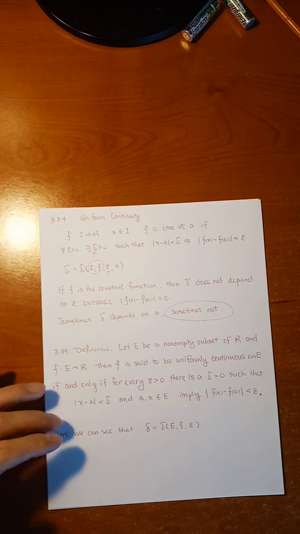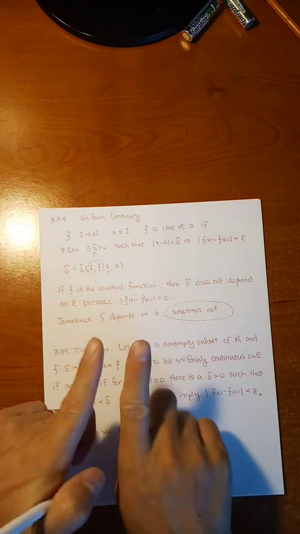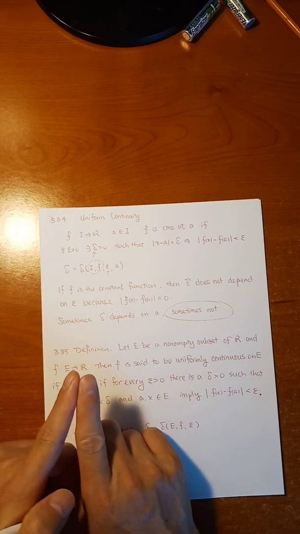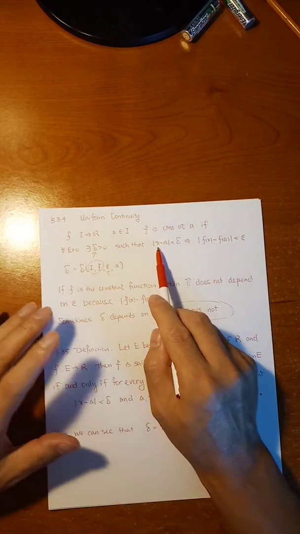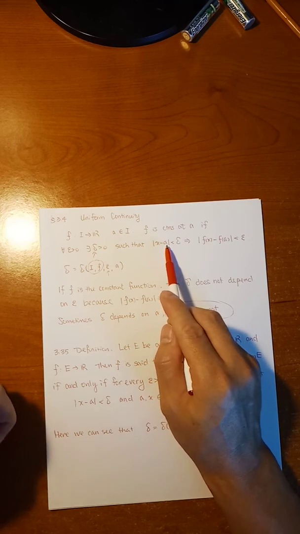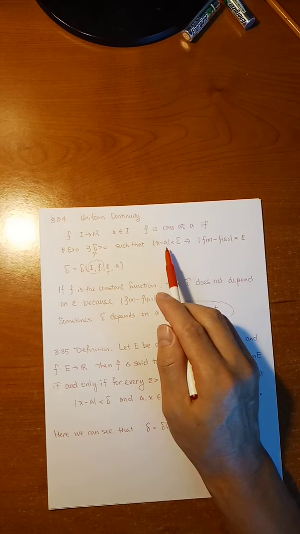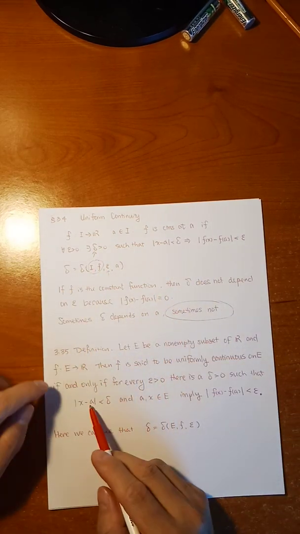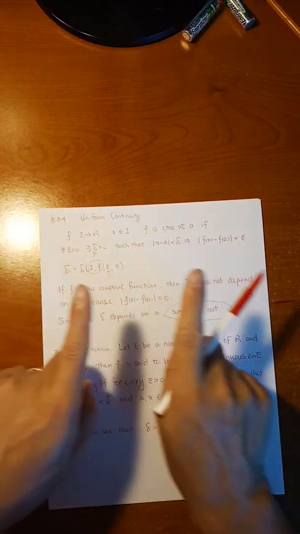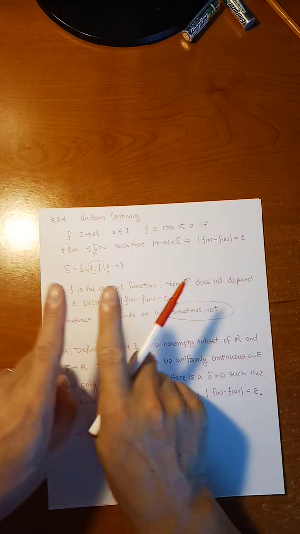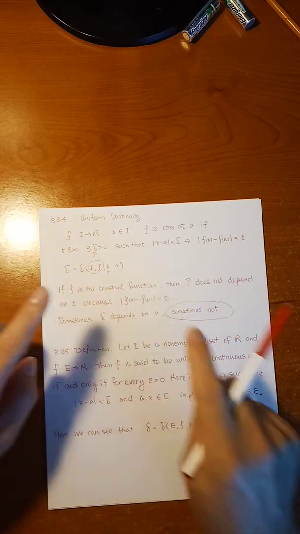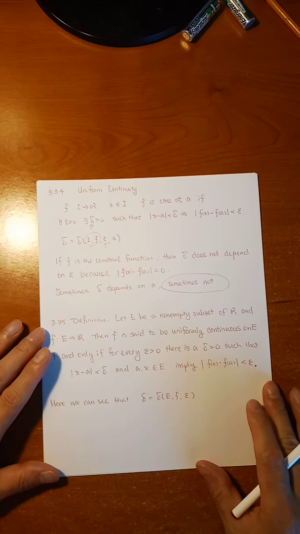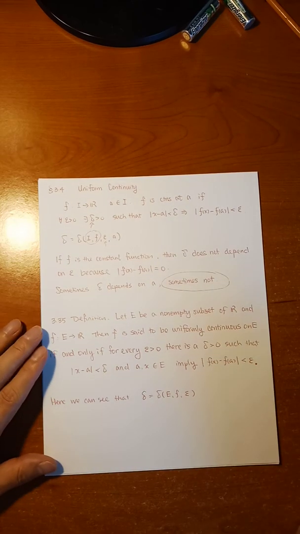So it does not depend on a, does not depend on x. Whenever two points are close enough, it doesn't matter where you have this pair of points, the values will be close enough. So this is uniform continuity.